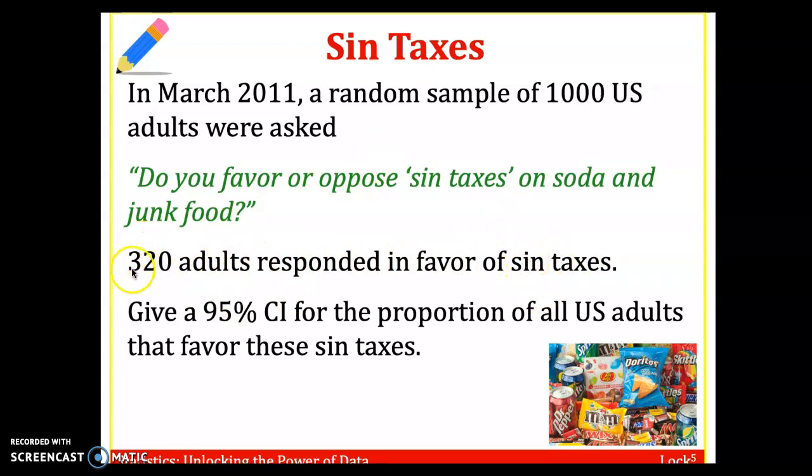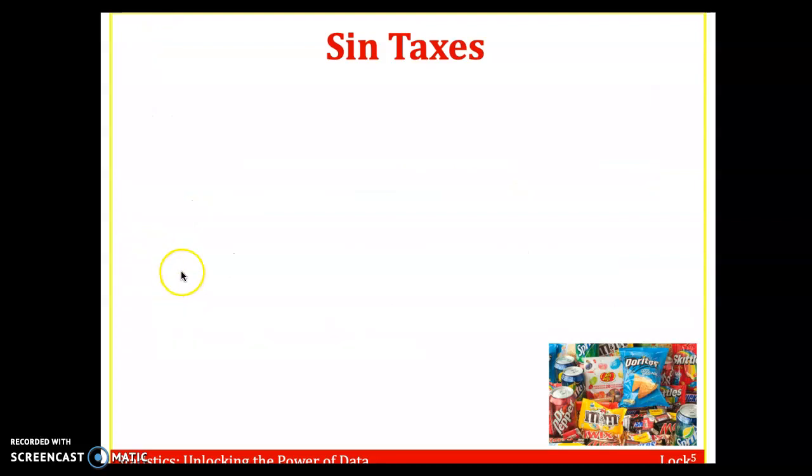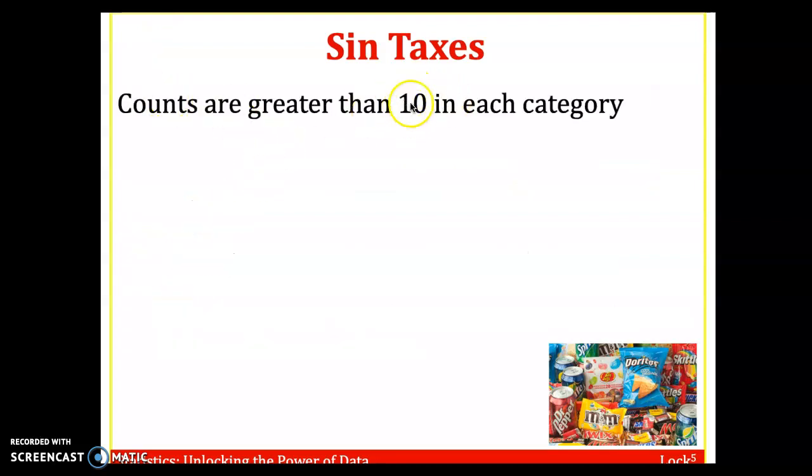This is telling us the number of successes. How many were failures, not in favor of sin taxes? Well, it's out of 1,000, so about 680. So the counts are both over 300 in each category.